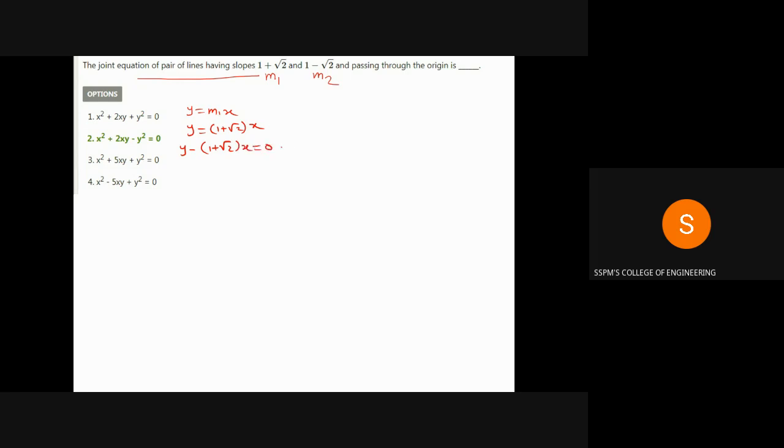This will be the first equation of our pair of lines. And for the second, suppose y is equal to m2x is another equation of line, that is y is equal to (1 minus root 2)x, so y minus (1 minus root 2)x is equal to 0 will be our second equation.